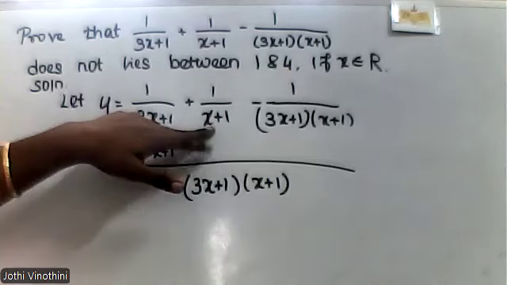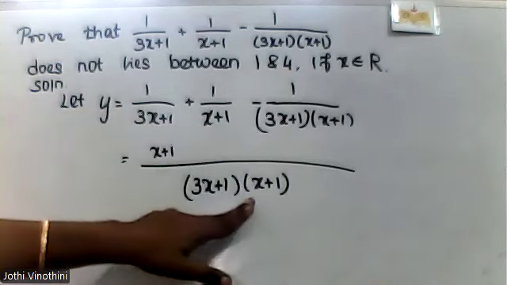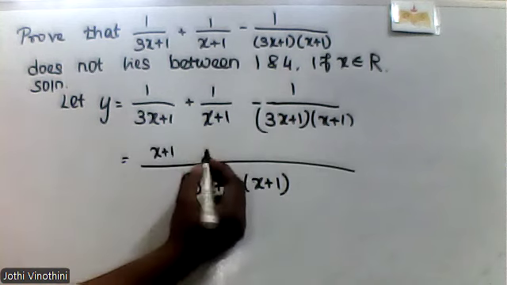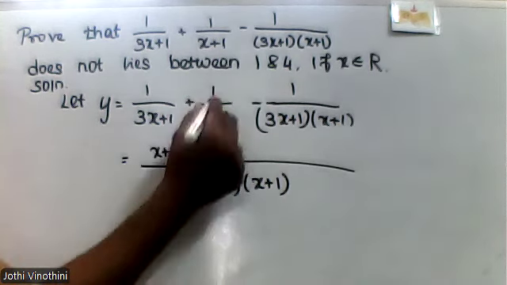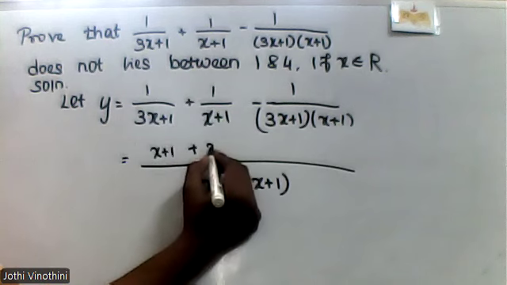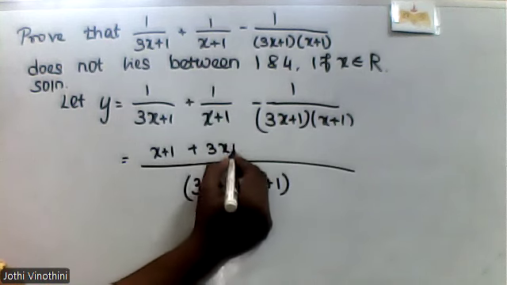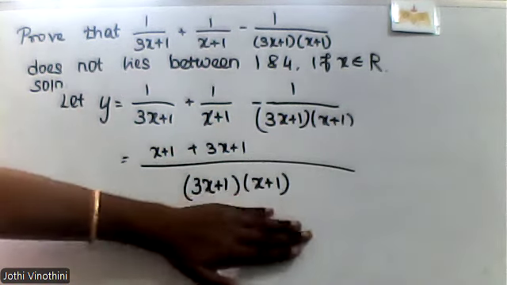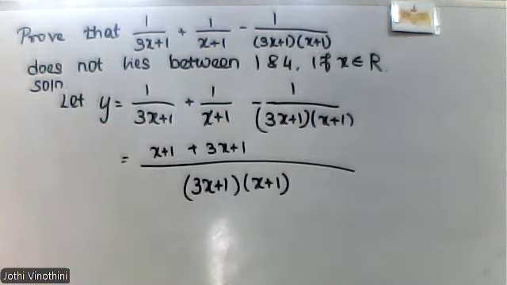Now see here what we have, x plus 1 alone. What we didn't have here? 3x plus 1. So I can multiply with this numerator. So 1 plus 3x plus 1. See here, we have both the terms and this also contains both the terms, so the numerator remains same.